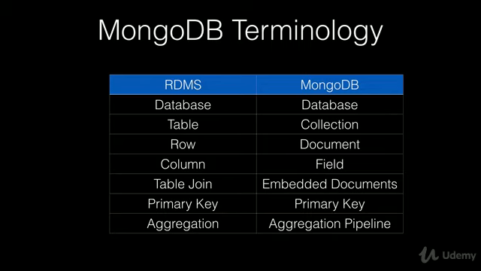Properties are called columns inside a database row, where in a document they'll be referred to as fields. Now, one of the powerful features of a relational database is being able to do table joins. You can do something similar with Mongo, and they call that embedded documents. So you get a reference to the document embedded inside another document. Both of them have a primary key, and then aggregation is a little bit different. This is where you're going and doing a sum operation. So just a terminology difference there, really, but the approaches are fairly similar.